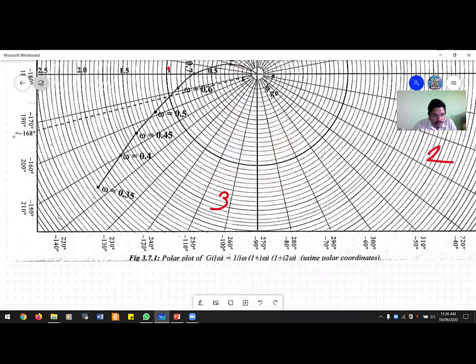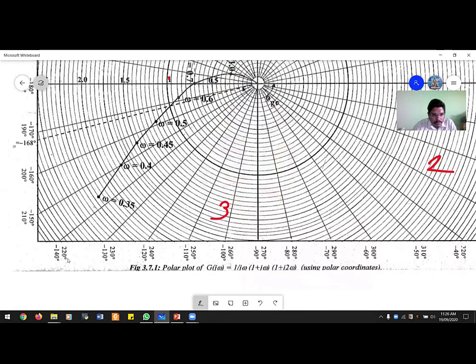So this line is minus 140. This line is the phase angle value, and the circle is the magnitude value. Minus 144 means it will come around these two lines, in between these two lines. I am approximately taking here.